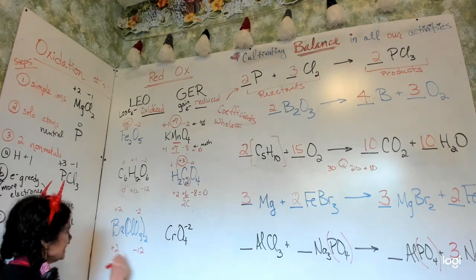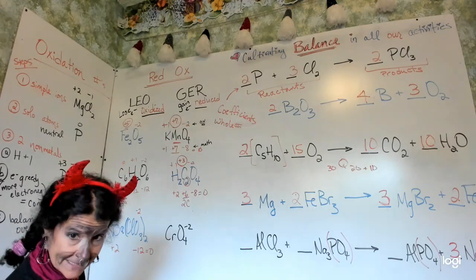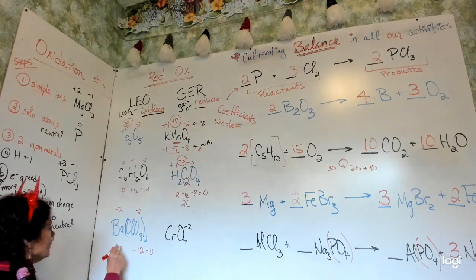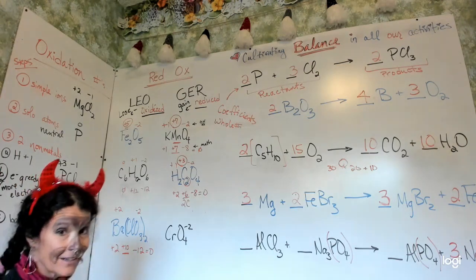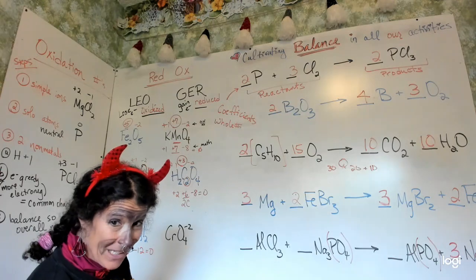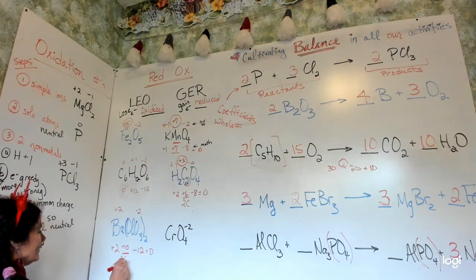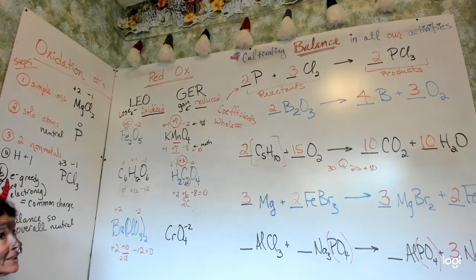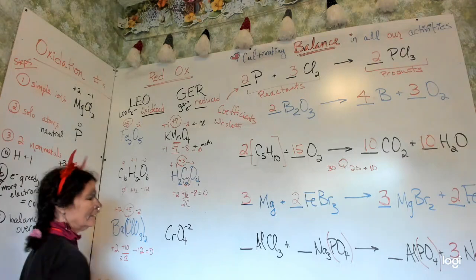There's a barium that's a +2. You don't have to show the equals 0. I'm doing that as a teaching tool. So chlorine is a +10. No, because how many chlorines are there? There are 2 chlorines. So +10 divided by 2 is a +5.